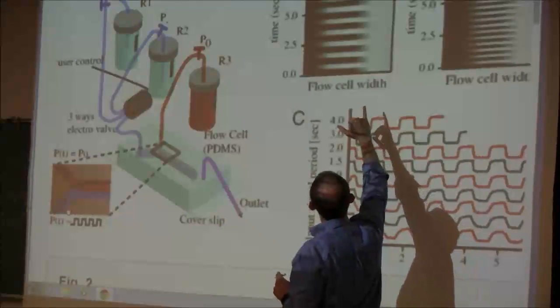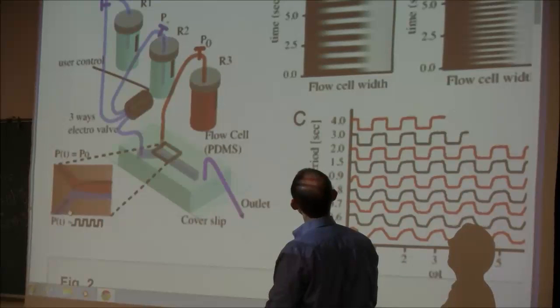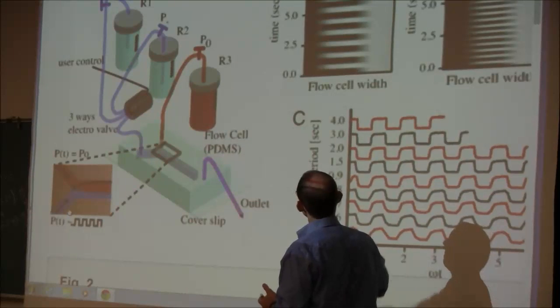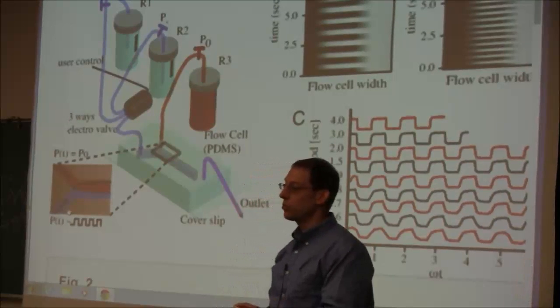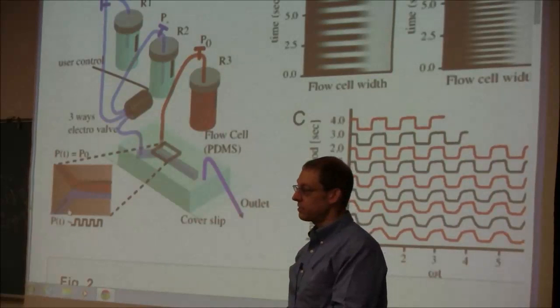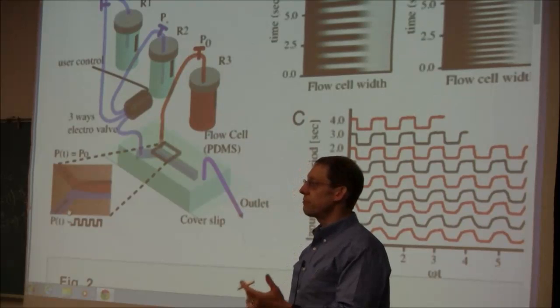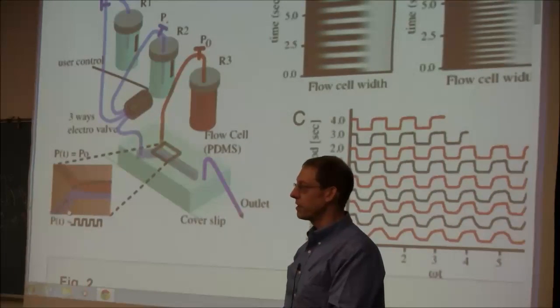And here what they're doing is across the flow cell, they are imaging what the concentration is. So the way this is done is they just add a dye to one of the fluids that I guess is fluorescent or imageable, and they're able to see from the color what is inside the flow cell.